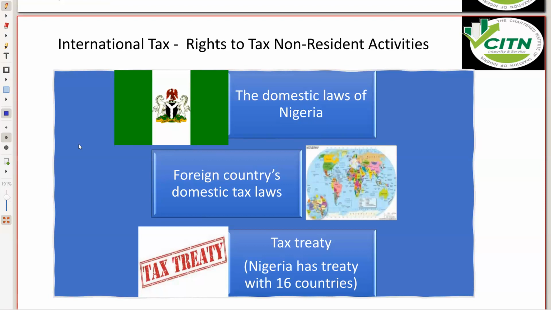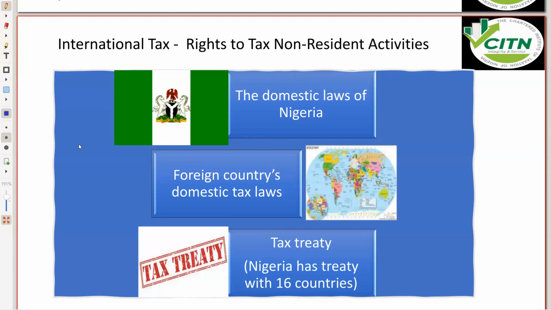There are three main or broad groupings of laws that empower the country to tax non-resident activities. One is the domestic laws of Nigeria. So our own domestic laws, our Companies Income Tax Act, speak to taxation of non-residents as well, the requirements of non-residents and different economic activities of non-residents, and the tax approach to that.